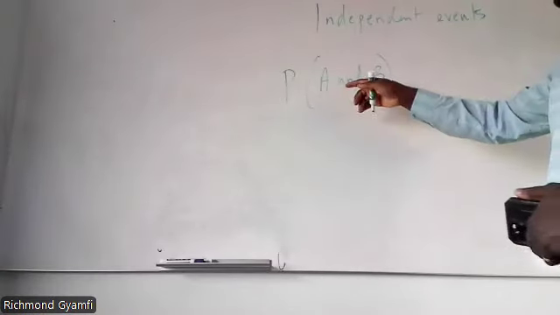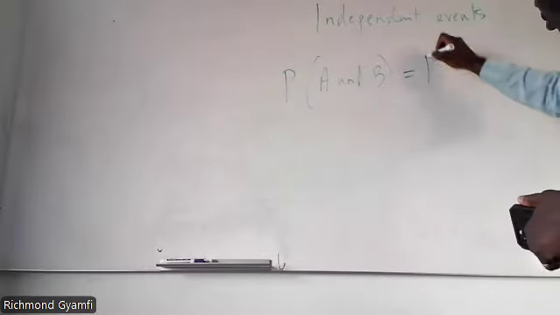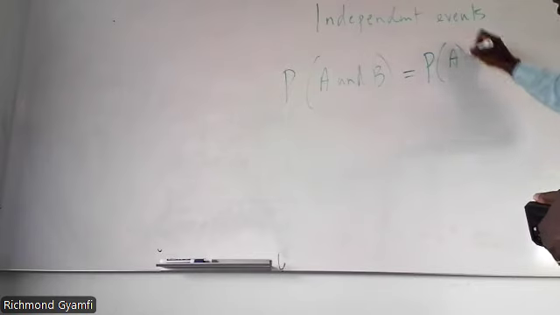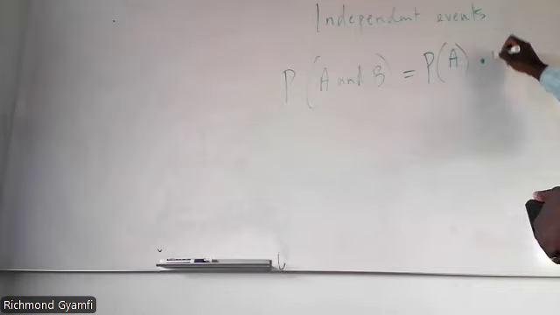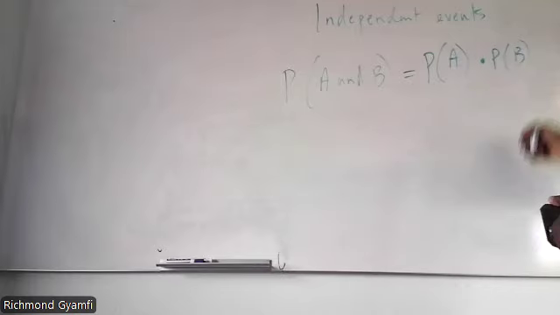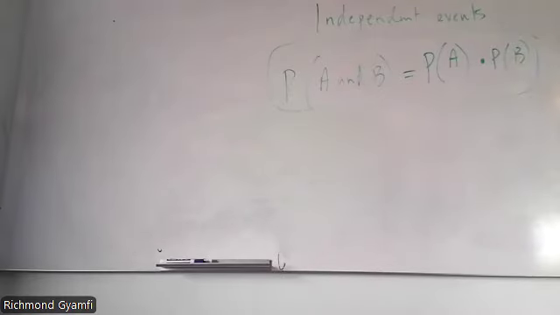So to find the probability that A and B are happening, you multiply. This is the rule: the probability that event A is happening times the probability that event B is happening. This is the rule for independent events.